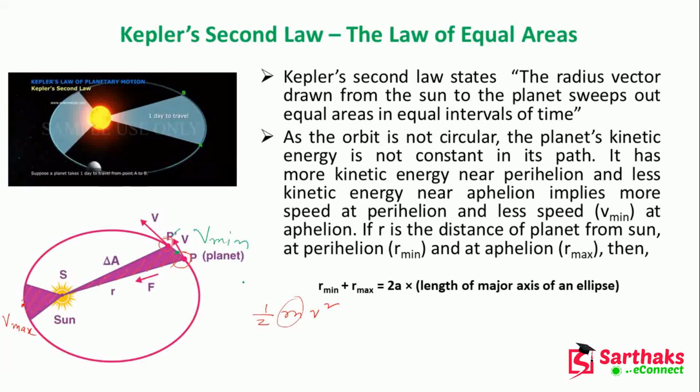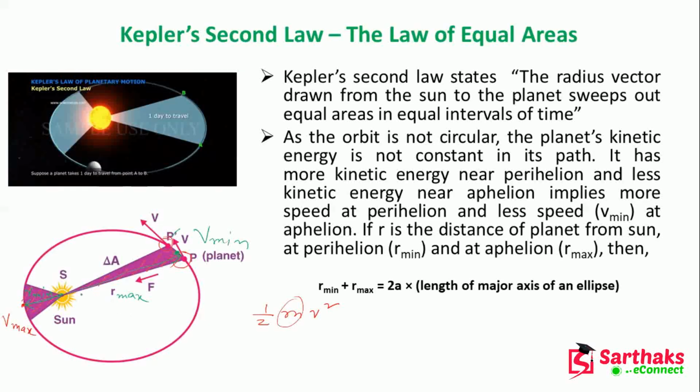Whatever the distance between the planet and the sun, suppose this distance is your r min, and this distance is r max.